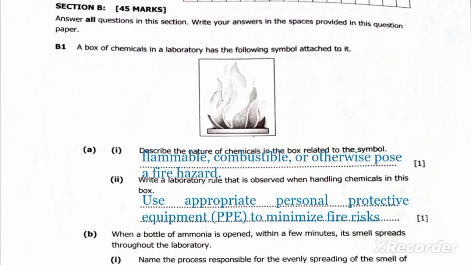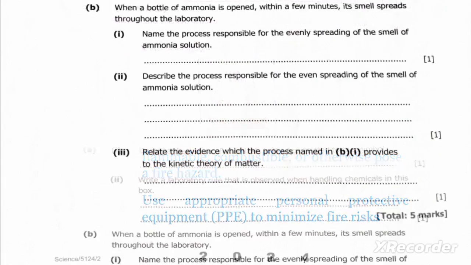Question B: when a bottle of ammonia is opened, within a few minutes its smell spreads throughout the laboratory.